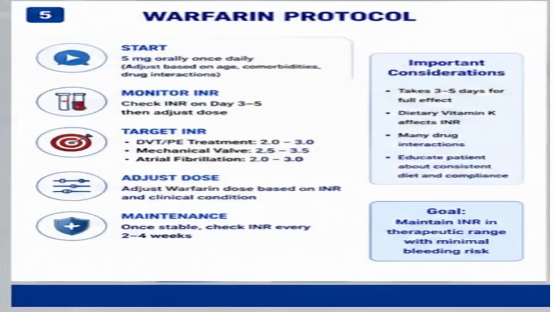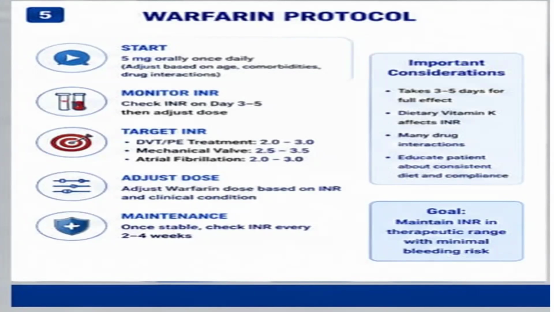Warfarin protocol. It acts by reducing vitamin K dependent clotting factors. Because it takes several days to become effective, overlap with heparin for at least 5 days until the INR reaches the therapeutic range. The target INR in DVT and pulmonary embolism is 2 to 3, in atrial fibrillation is 2 to 3, and in mechanical mitral valve is 2.5 to 3.5.